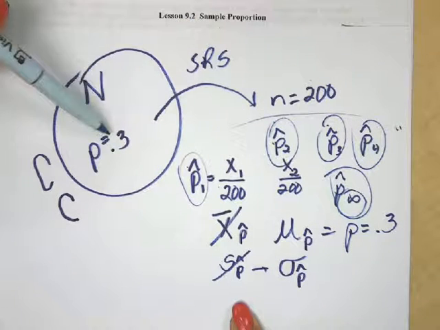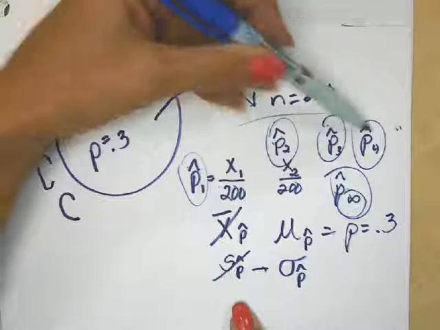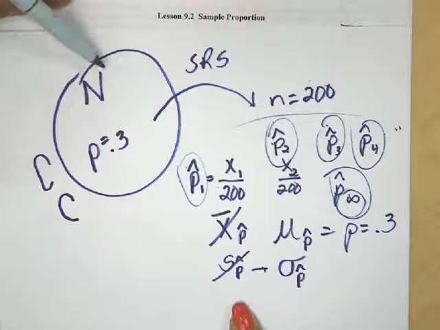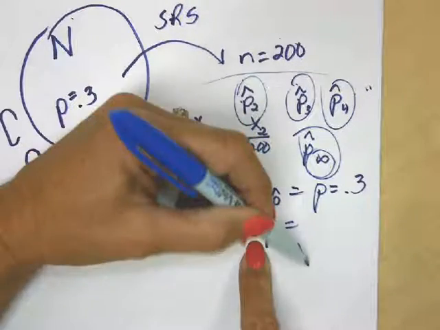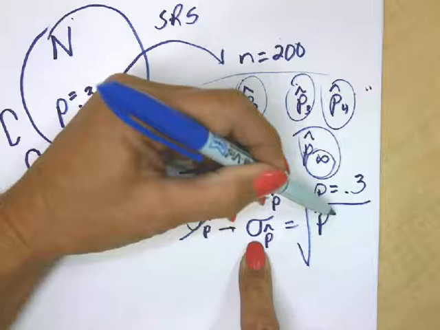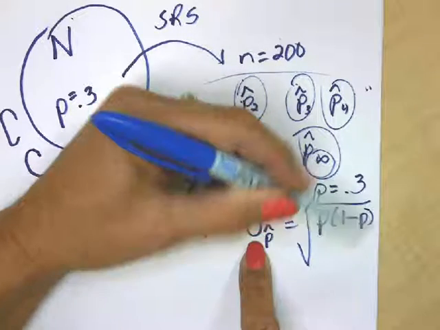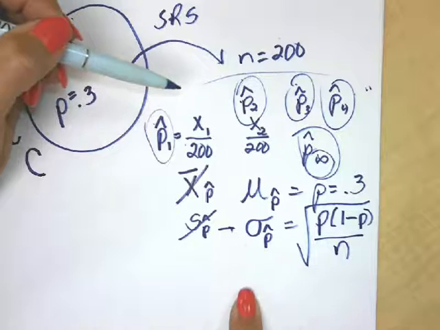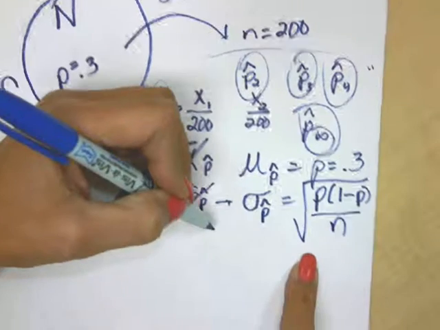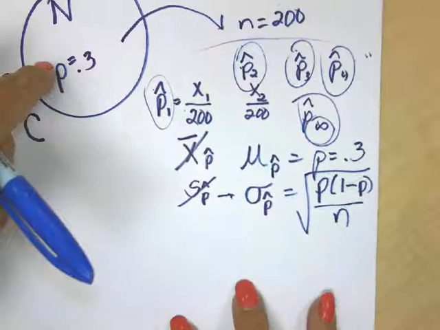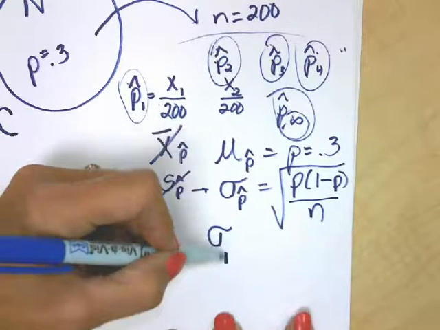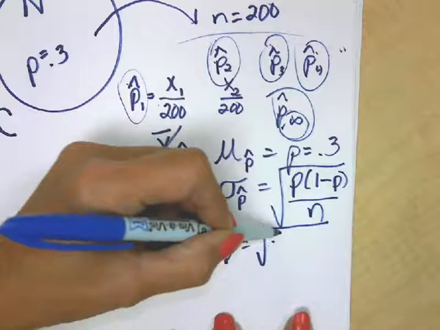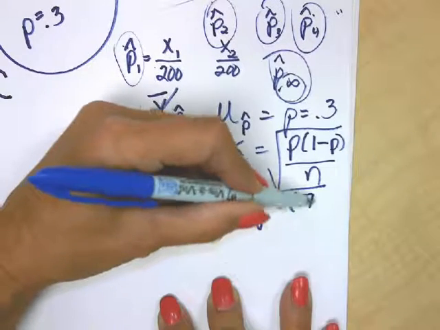I'm not going to get 30% every single time when I sample 200 people from a large population. This is what I expect the variability to be. I expect it to be the square root of p times 1 minus p over n, which means for this scenario, I expect these p hats to vary like this: 0.3 times 0.7 divided by 200.